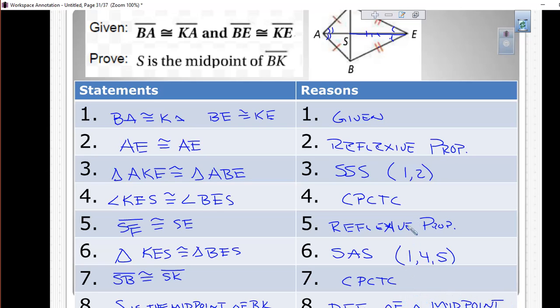So this is how you would prove a definition again, but this time we had to do it twice. We had to prove two different triangles were congruent. So we can use their corresponding parts to help prove this definition. All right, this concludes lesson 4.4, corresponding parts of congruent triangles.